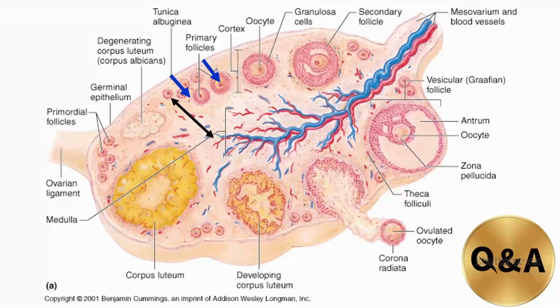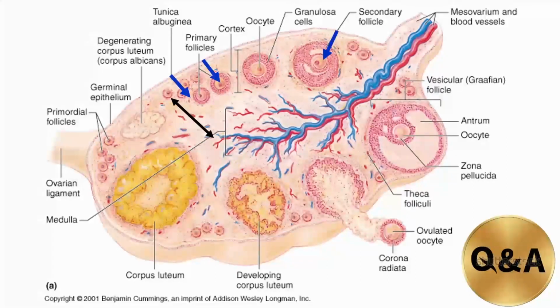Then the oogonium is going to develop by adding more cells on the outside, and this is the primary follicle, which is going to add more layers, and then it is called multi-layer primary follicle.